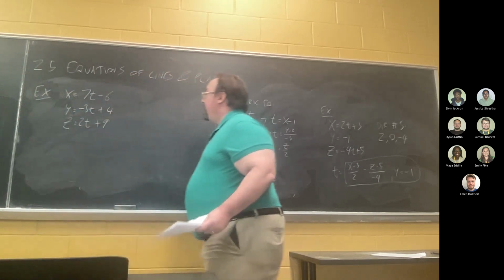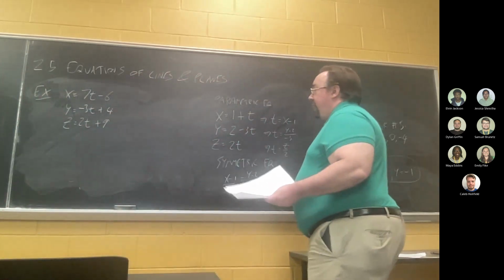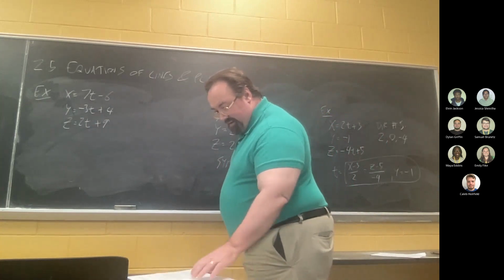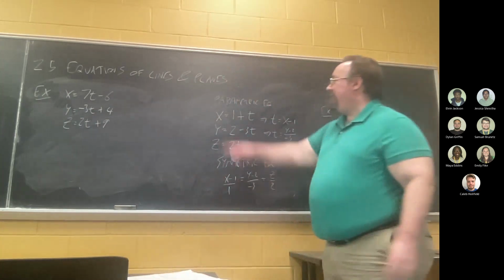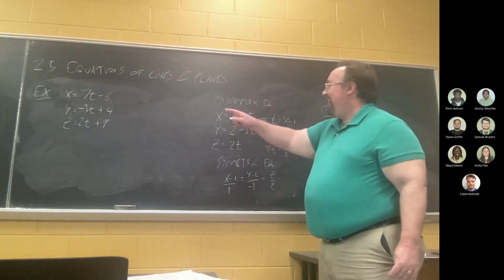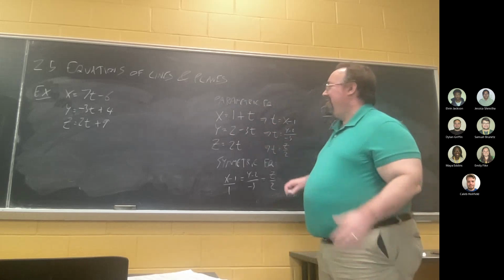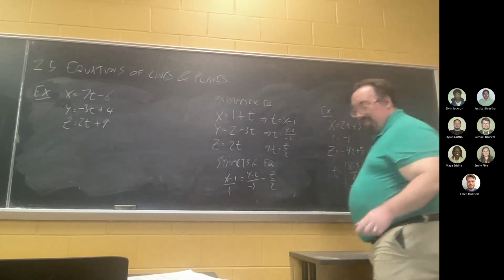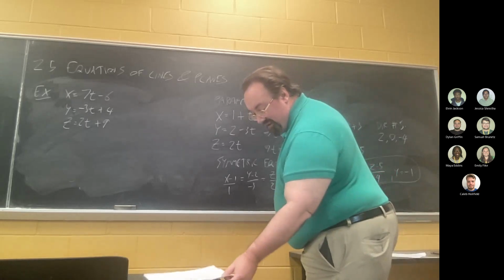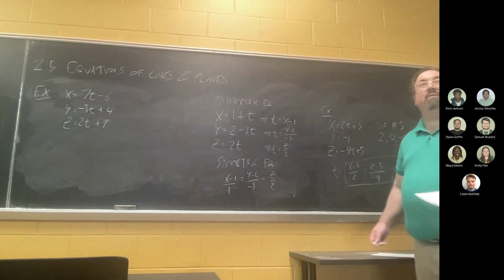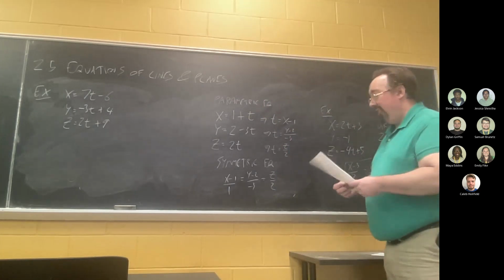So the direction numbers are 7, minus 3, 2, whatever's multiplying the t. I realize that here I'm writing the t terms first, whereas it's not that way over there. You never know how people are going to write it, especially in the homework problems. Homework problems are all written by different people, so they all follow different conventions.